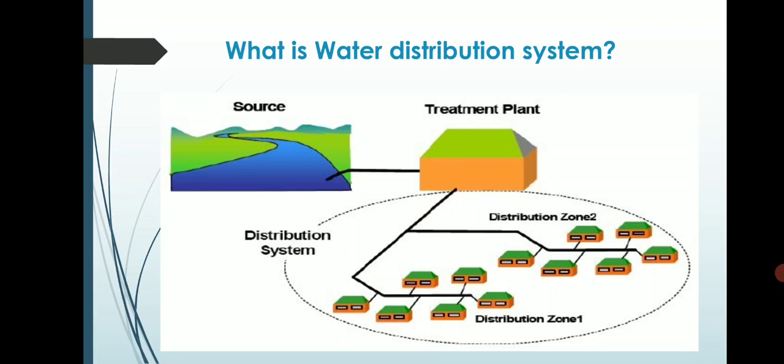There are many microorganisms, dirt, and many particles which are not desired when we use the water. So to get rid of those particles, the water needs to be treated. So what to do? The water will go to the treatment plant. After being treated in the treatment plant, the water will go to the distribution zone, and this is actually the distribution system. This whole system is called the water distribution system.